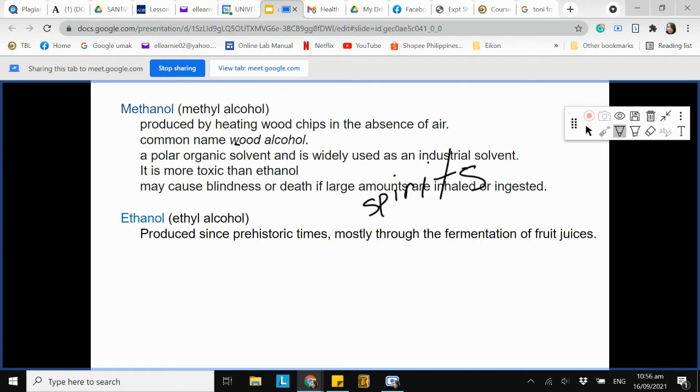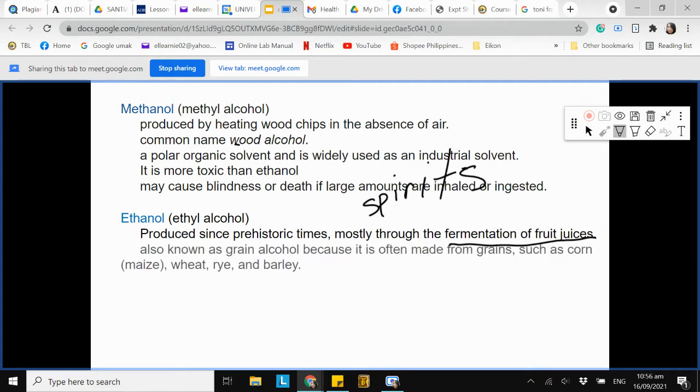So when you say ethyl alcohol, this is the one made from fermented fruit juices. Unfortunately, since we're in quarantine, I would have requested, if we had face-to-face classes, that we make different kinds of alcohol. I think I mentioned that before. It's also known as grain alcohol because we use grains, for example corn, wheat, rye, barley.